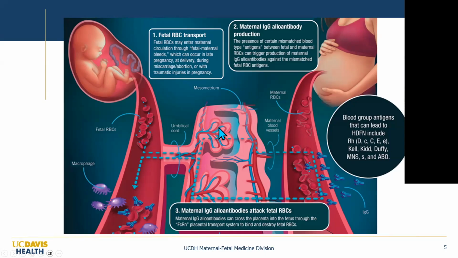This is the villi, which is bathed by maternal blood, and then you see those Y-shaped immunoglobulins binding to the fetal red cell there, and the macrophages will easily recognize these cells to be foreign and start to phagocytize the cells and destroy them.